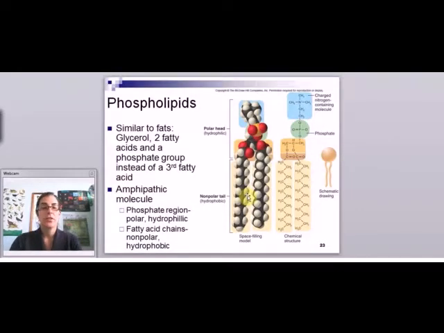Phospholipids are another category of lipids. They're very similar structurally to fats. So they have the same base of glycerol. So there's the 3-carbon glycerol. They have 2 fatty acids.